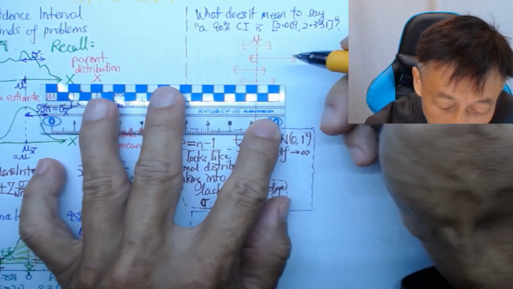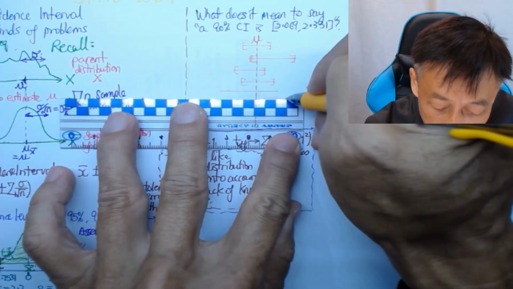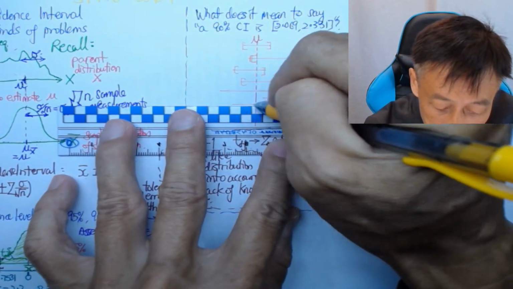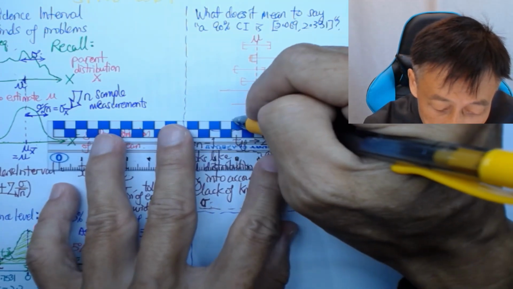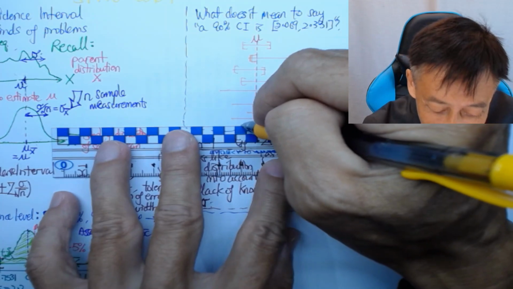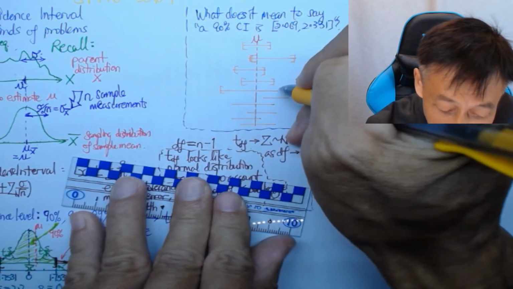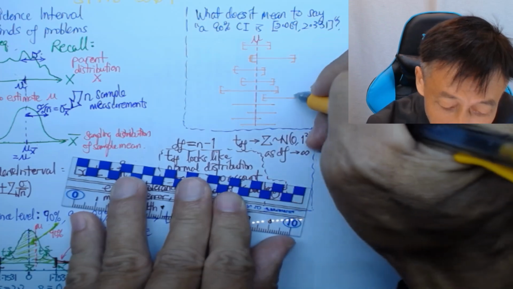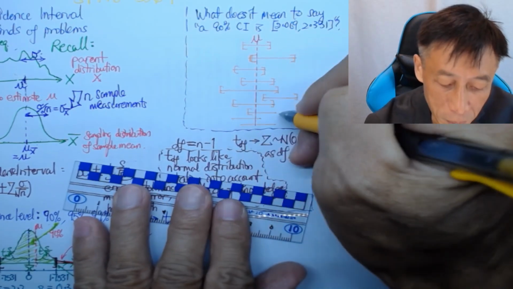So we can have this 4, 5, 6, 7, 8, 9, 10. You know I'm counting, right? Why? Because I'm trying to have exactly 10 here. Why 10? Well, it's easier to describe the meaning.